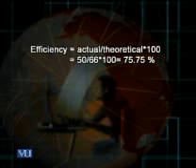So 50 over 66 into 100, that is 75.75%. That is the efficiency in percentage of this particular model. Okay, so wherever the efficiency happens to be above 70%, 75%, etc., we can say that this model is useful. We can make use of this model.